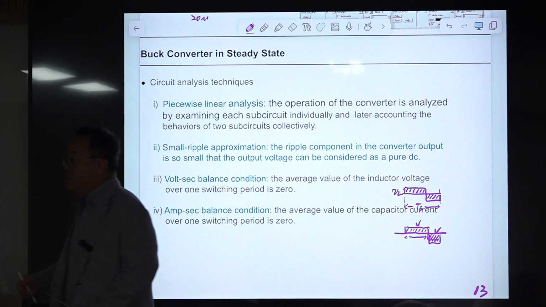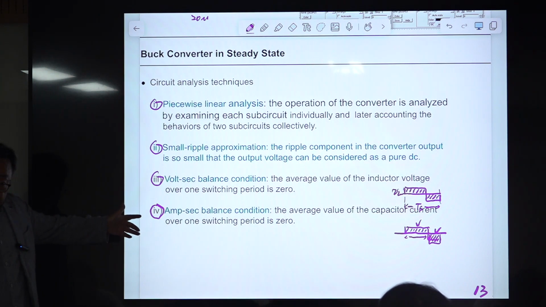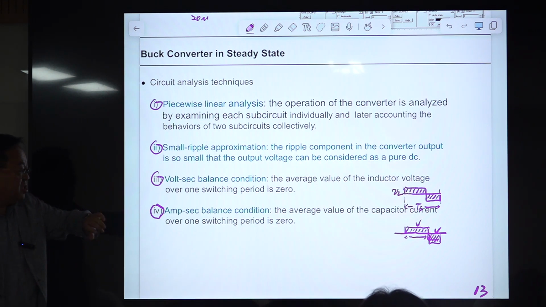This is very important. So there is this additional circuit analysis technique you should make use of. You should exploit these characteristics. This is good for you. You need to use these things for the circuit analysis.